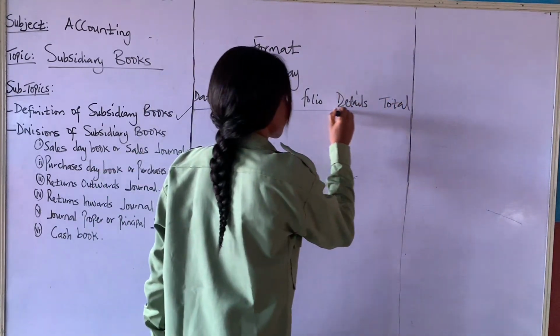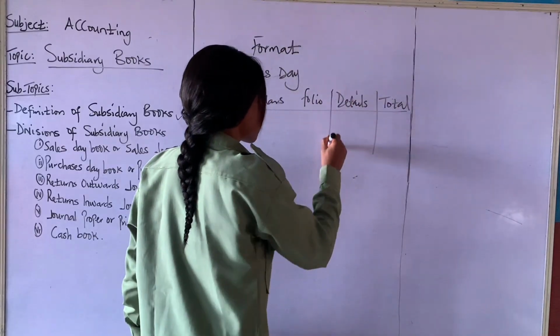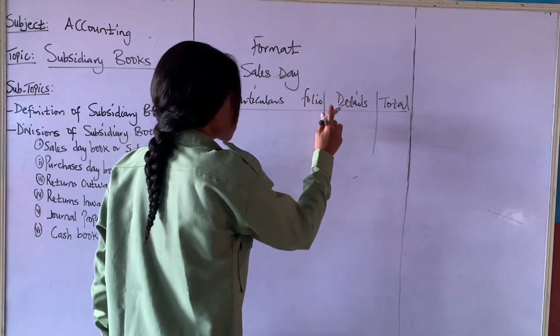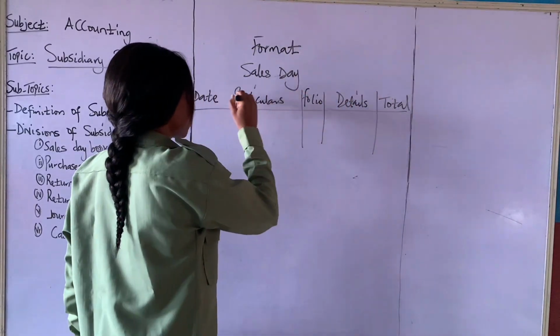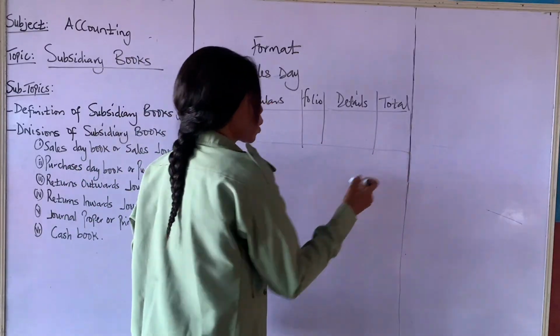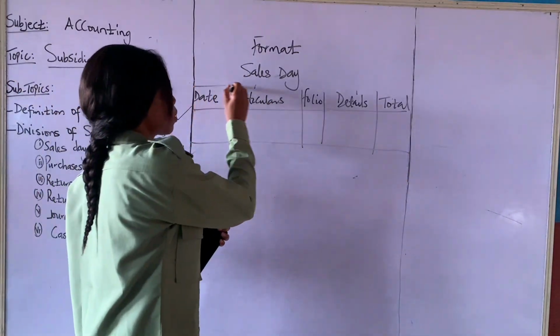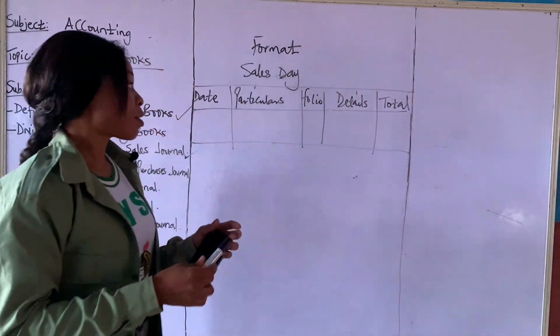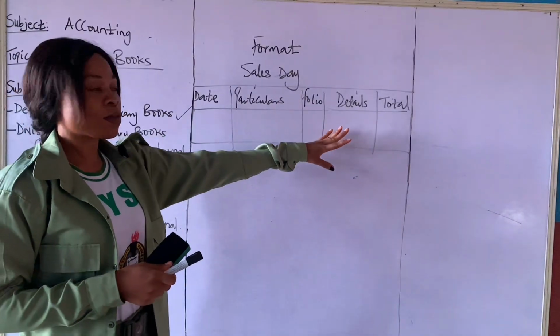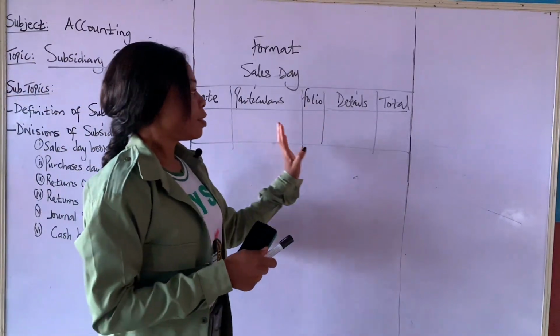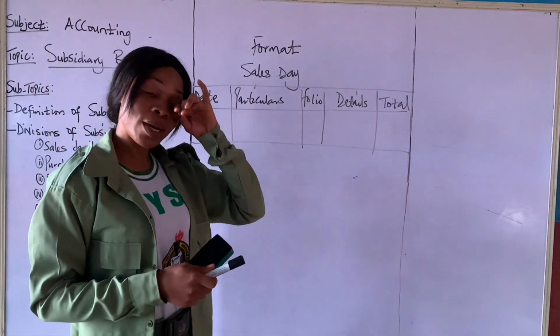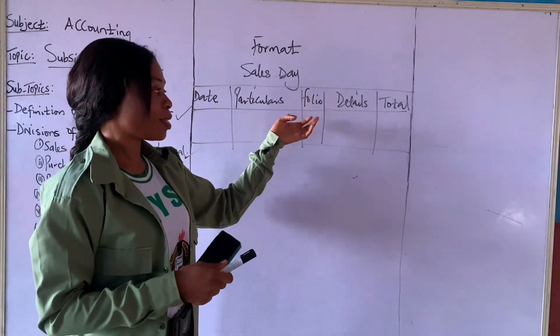Okay. All right. Now, this is the format of the sales day book. This is how it looks like. And remember that in this sales day book, only credit sales are recorded down here.